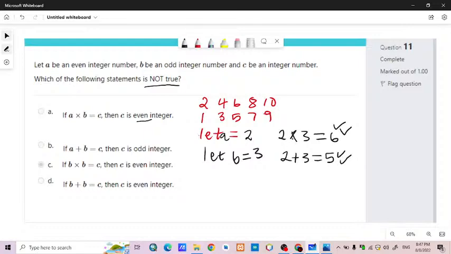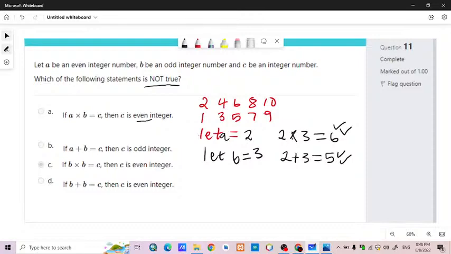You could have used any numbers, not necessarily 2, as long as you choose an even number for A and an odd number for B. Okay, we're done with that one.